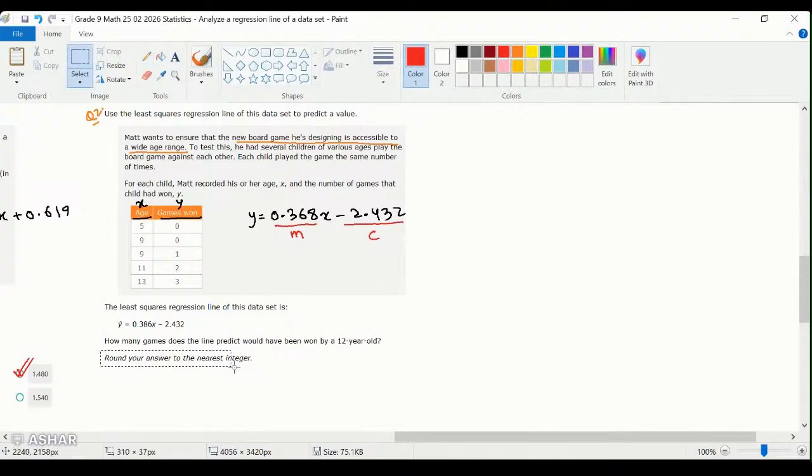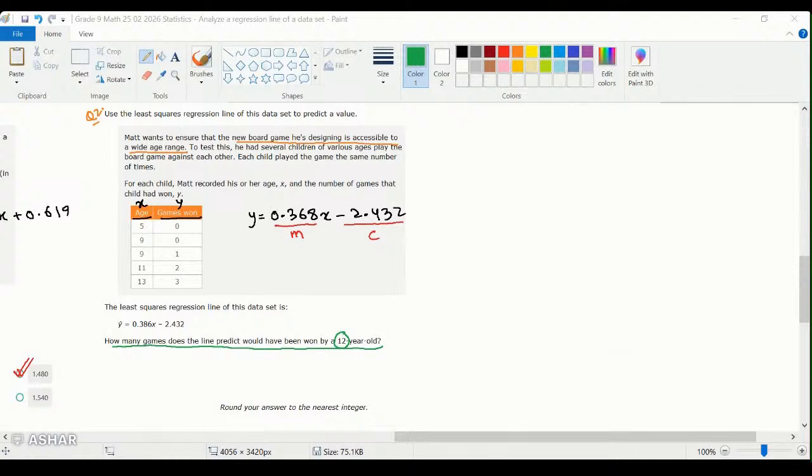What we need to find, to the nearest integer, is how many games the line predicts would have been won by a 12-year-old child. The two options given to us are 2 and 3. I'll just simply copy the options.